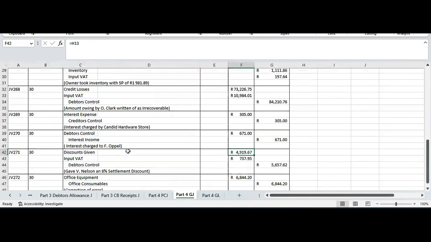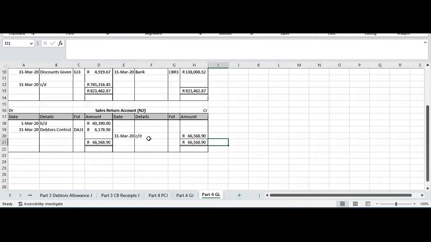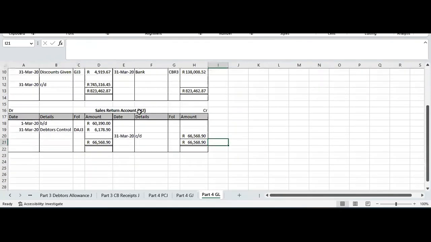You have completed your general journal, the one that counts a lot of marks, and we posted and balanced the following accounts in the general ledger: the sales account and the sales return account. Okay, guys, and now you should be more than able to do this question in a test or an exam.